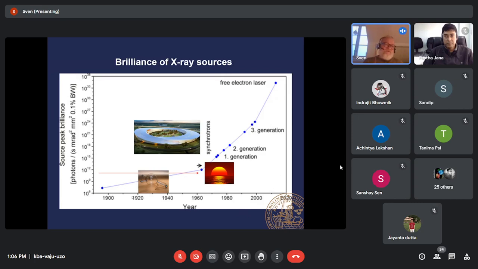So it's photons per milliradian squared and millimeters squared, but it's basically flux. Starting at about 1 million, it goes up. It's a logarithmic scale, so it goes up to 10 to the 36. So there's an increase in power somewhere in the range of 10 to the 30th.